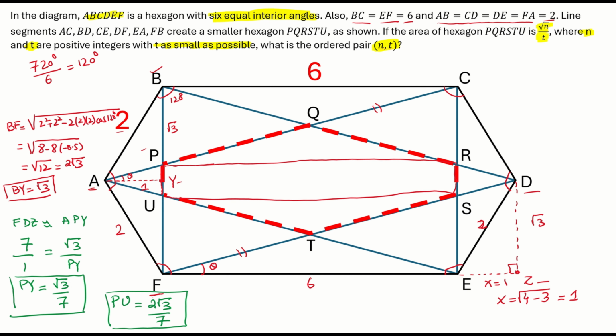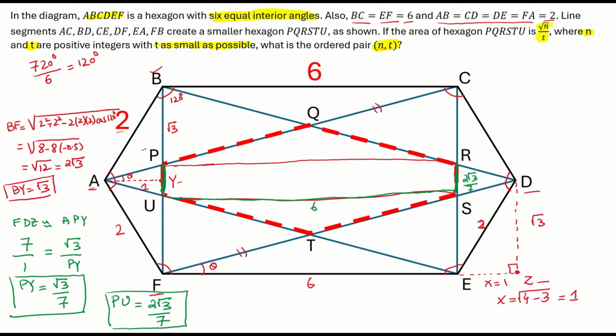So the value PU is equal to 2 times this guy. Okay, so now I have basically the sides of the rectangle that we were looking for. So I have this guy and this guy, that is equal to 2 root 3 over 7, whereas this long side is equal to 6 here.